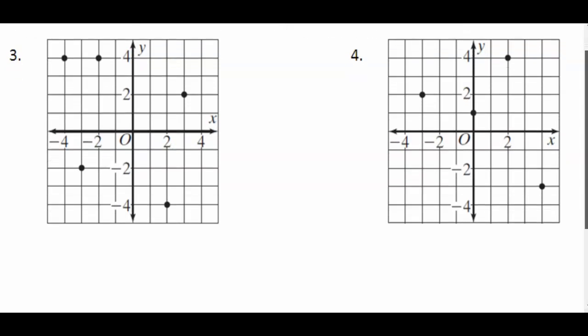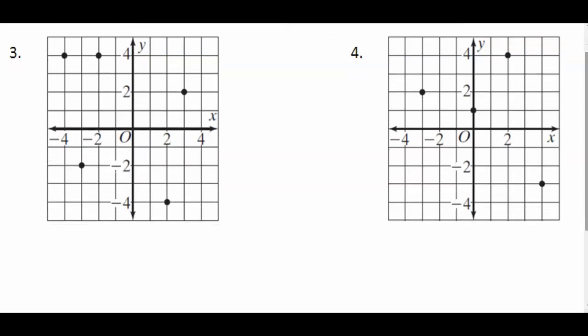We can do the inverse of what we just did. So we were given the points as ordered pairs, and then we graphed them. Here, we're given the graphs of the ordered pairs, and we are going to identify and rewrite them as points. So we write our relation as the set of ordered pairs.